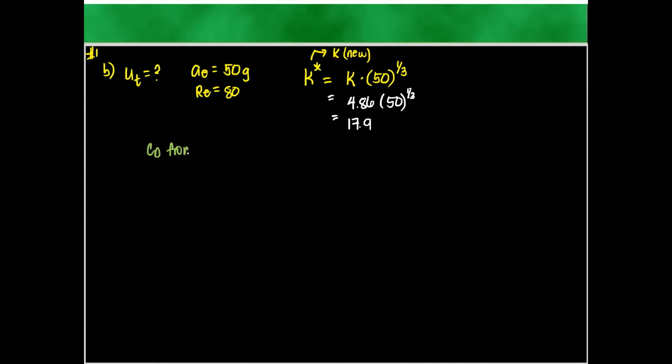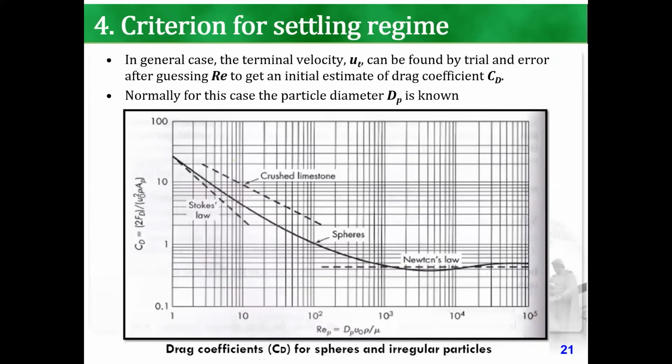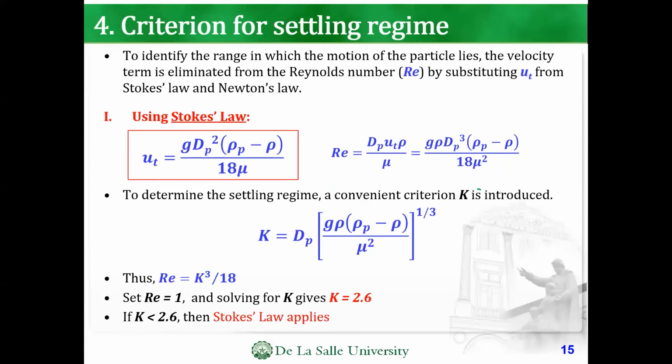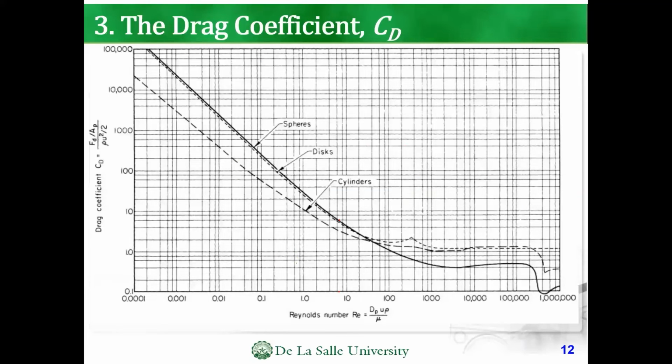So if it's 17.9, let's get the CD from the graph. So with Reynolds number 80, let's look for 80. Then 20, 40, 60, 80. At this point, that point there, 2, 4, 6, 8, 10.